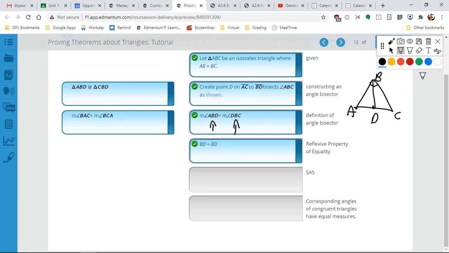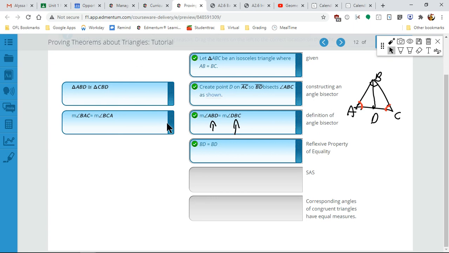Okay. And then we're probably going to prove that we already know that these two angles are congruent because it's isosceles. So I'm going to make that a different color. So here we're going to prove that these are the same because of, give me a second.